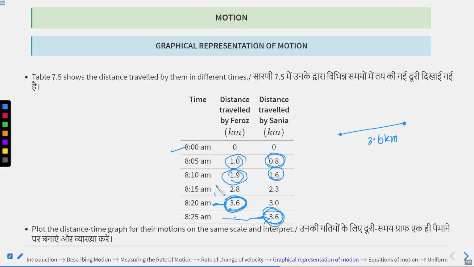So in today's class, we have studied mainly the velocity time graph, and we learned that the slope of the velocity time curve gives acceleration, and the area of the velocity time curve gives displacement. If the graph is increasing, the acceleration is positive.